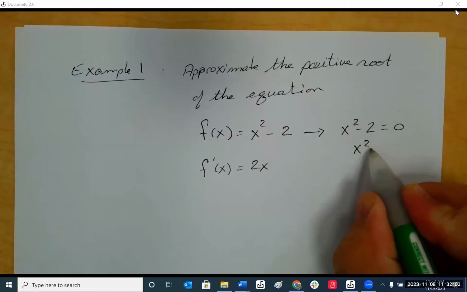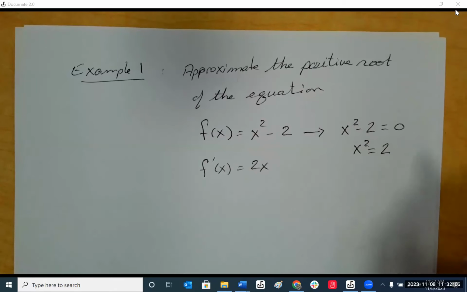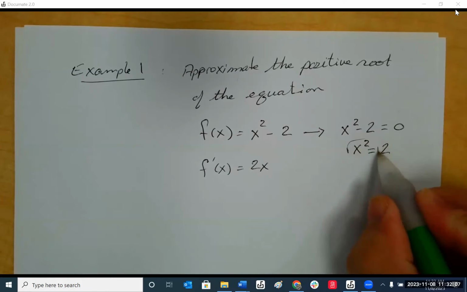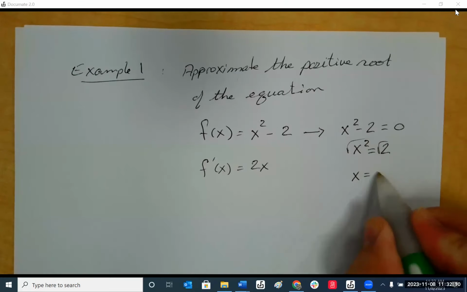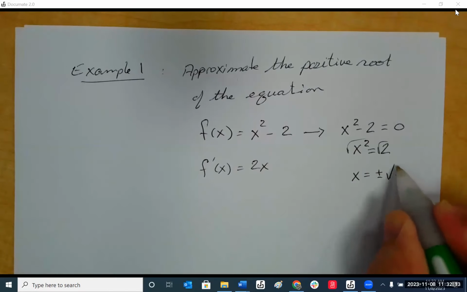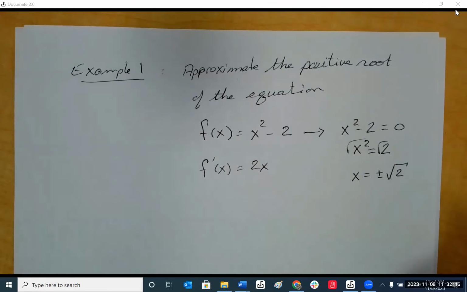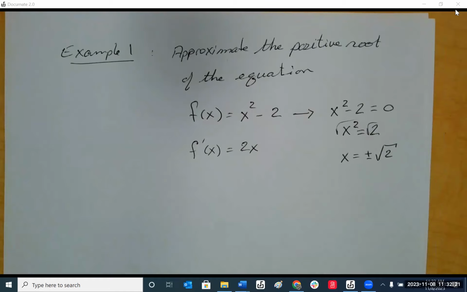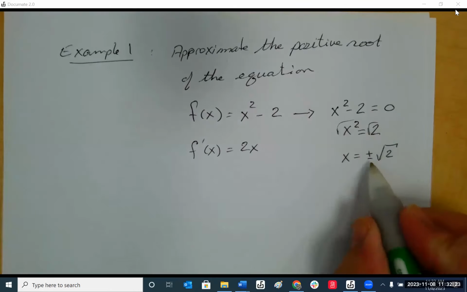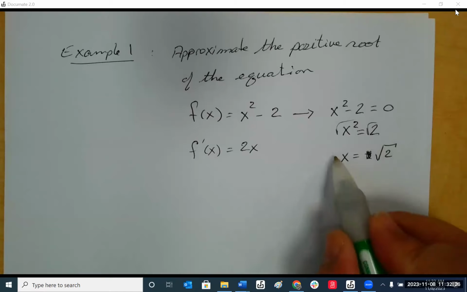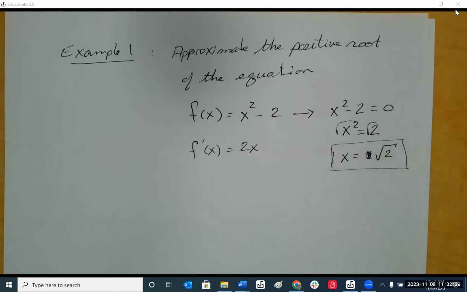So x squared equals 2, square root both sides, x equals plus or minus square root of 2. We just want the positive. So this is what we're approximating. We're approximating the value of square root of 2 using this process.